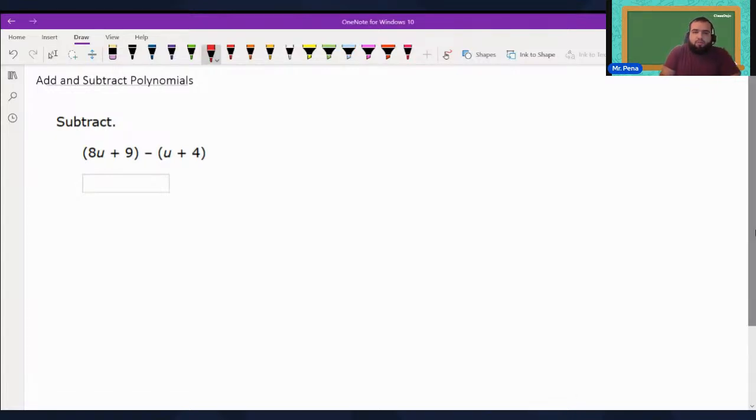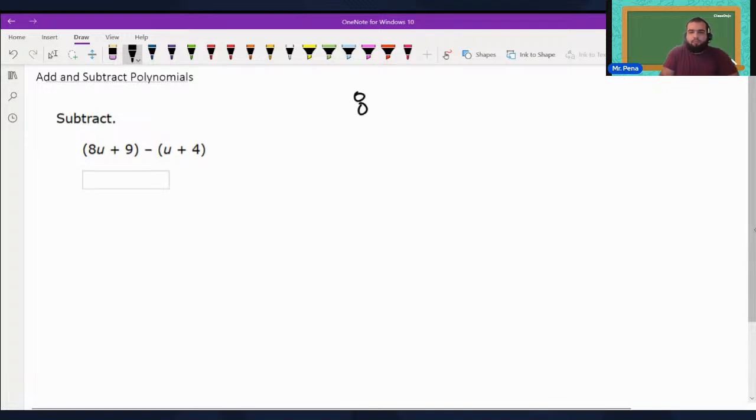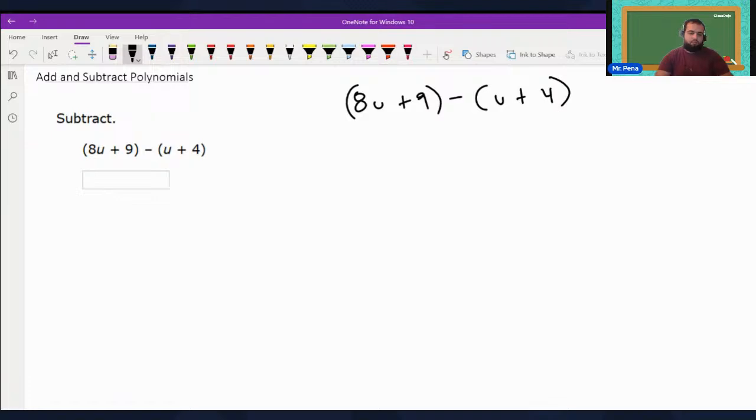8U plus 9 minus the quantity U plus 4. We're going to bring down the 8U plus 9 because there's nothing to do here.